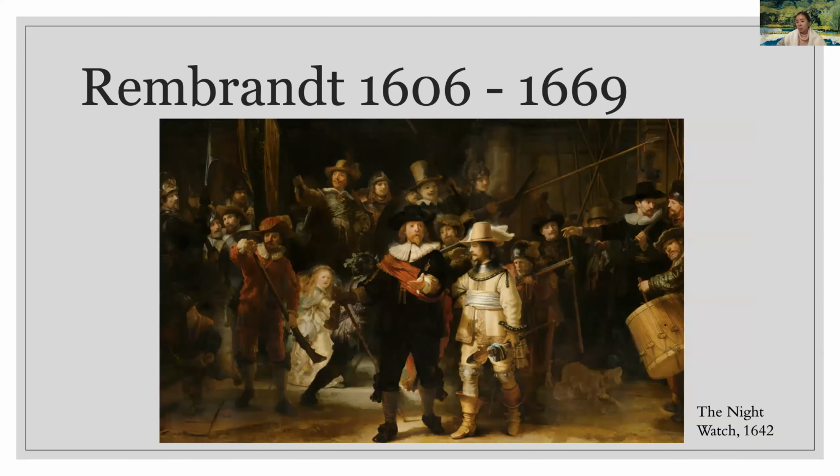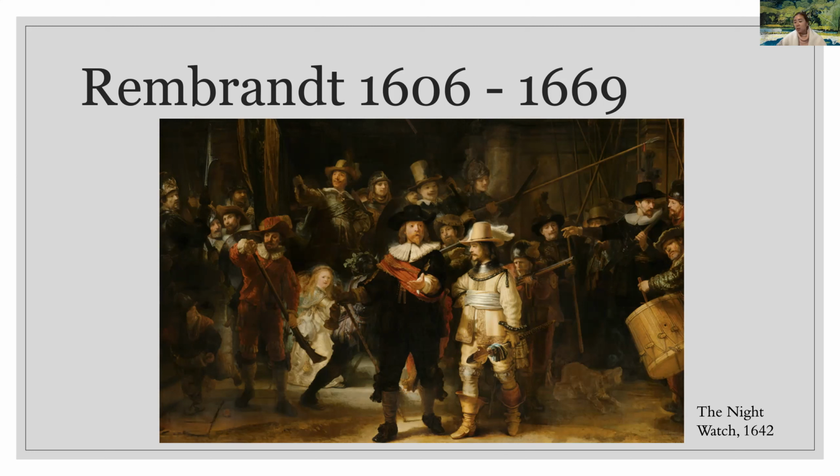This is one of his paintings. Rembrandt's largest and most famous painting was made for one of the three headquarters of Amsterdam's civic guard. These groups of civilian soldiers defended the city from attack.